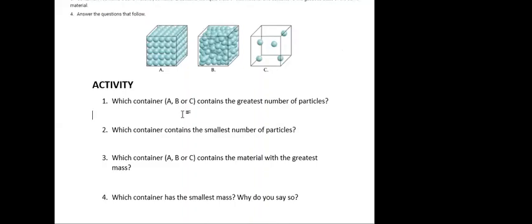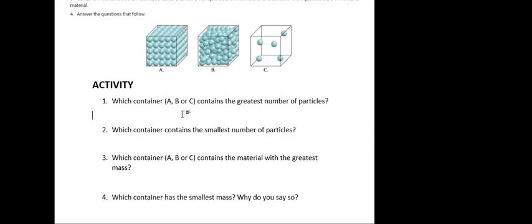Question number 1. Which container, A, B, or C, contains the greatest number of particles? In the chat. A. Well done, A, right? Good, guys. 2. Which container contains the smallest number of particles?